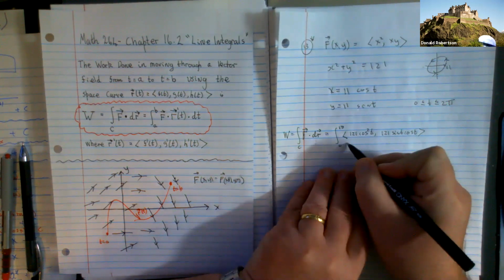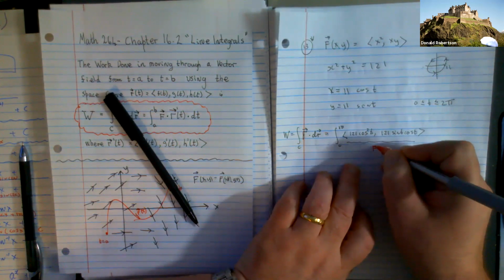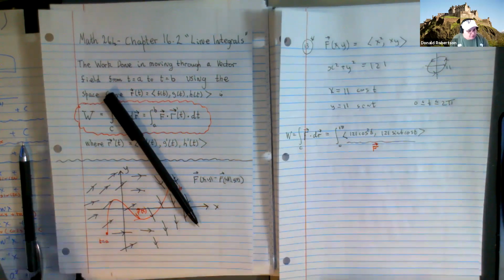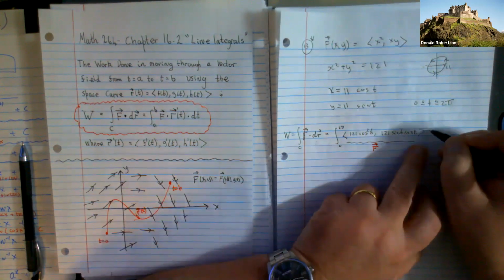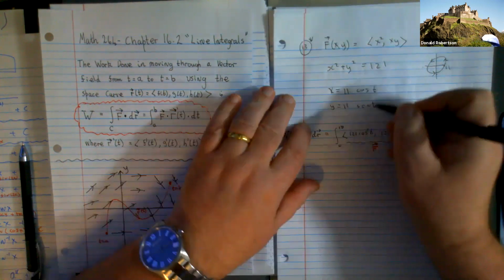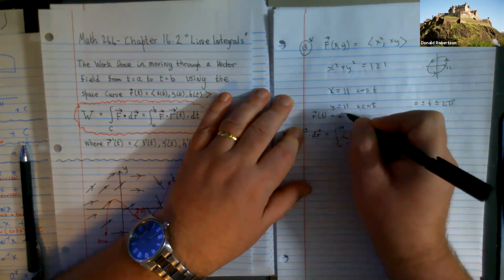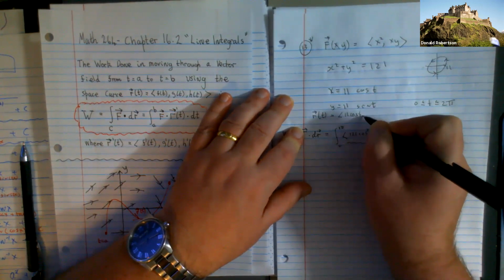So this here is essentially our vector field, right? Dot product with, well, you know this guy here, if you write it down in the format that you would if it was a space curve, wouldn't it be rewritten like this?